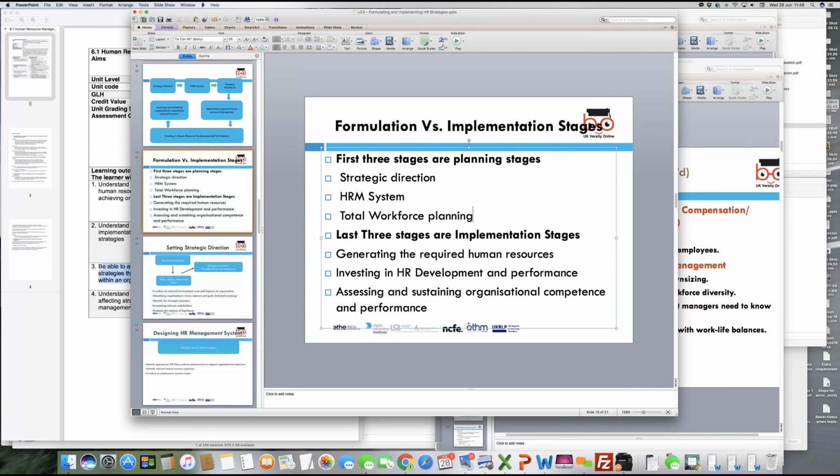So there are differences between formulation and implementation. In large organizations, you will have different processes within a strategy. Some persons within the HR department are good at formulating, coming up with the strategy. They will shortlist the system, understand the requirements, and go out and buy the right system which will work within the company.